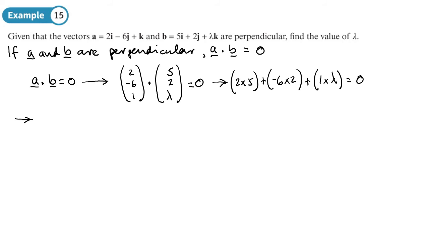So this should be nice and easy. So I'll have 10 minus 12 plus lambda equals 0, which means that lambda equals 2, if we work out that very simple equation.